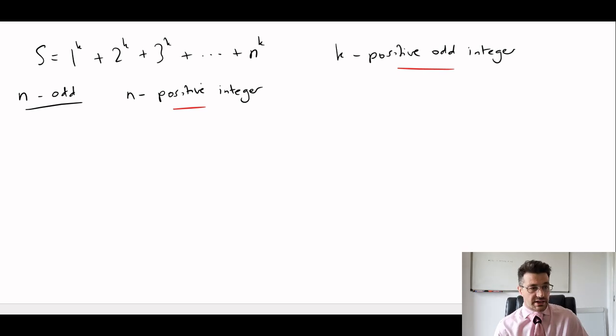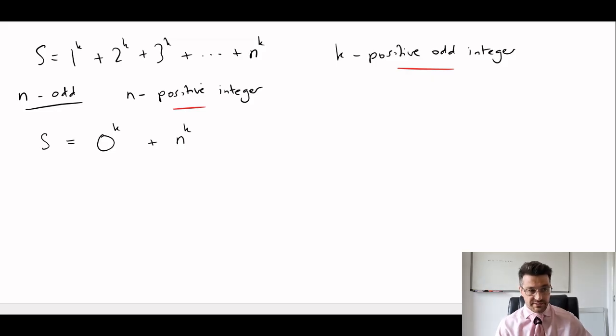Okay, so what I did here was I wrote S in a very particular way. I wrote S equals, and I added an extra term that doesn't change the value of S, which is 0 to the power of k. So 0 to the power of k plus n to the power of k.